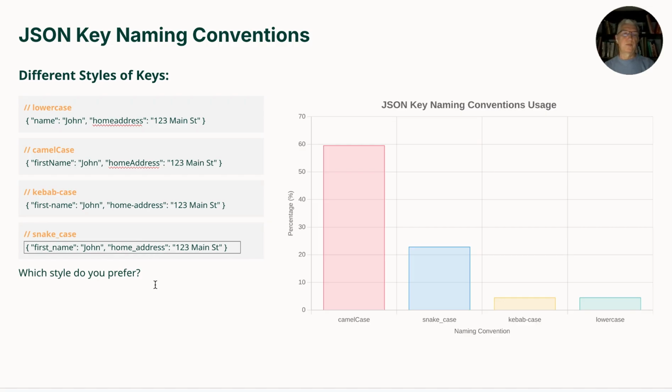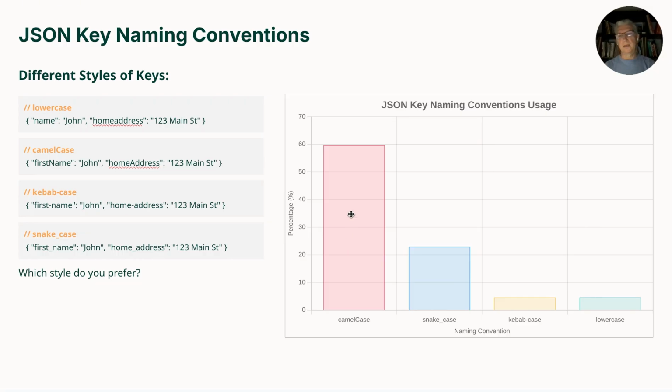Which one you prefer is a matter of personal preference, but every company usually has its own standards or recommended practices for how they format JSON inside the company, because you don't always know who will be using your data. So you have to create a definition of your JSON file, how you send the data, and document it. Here's a little statistic based on the research I was able to find.